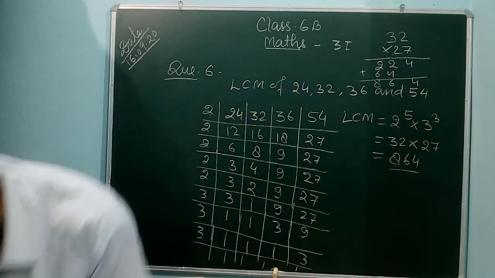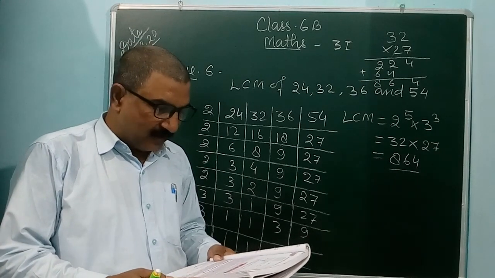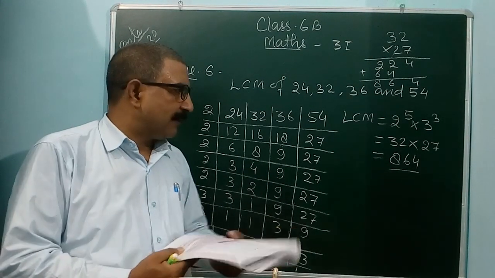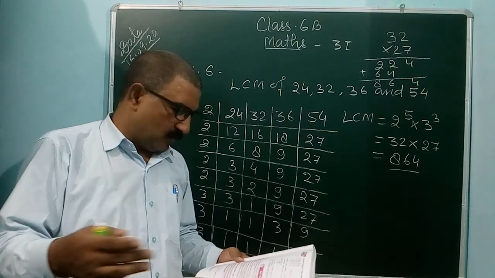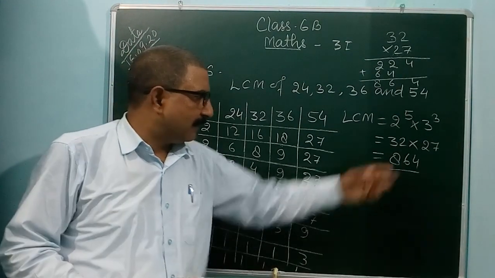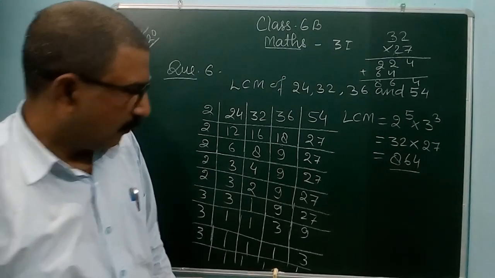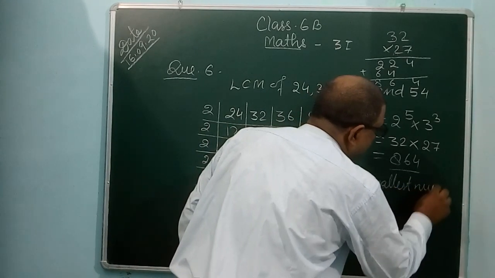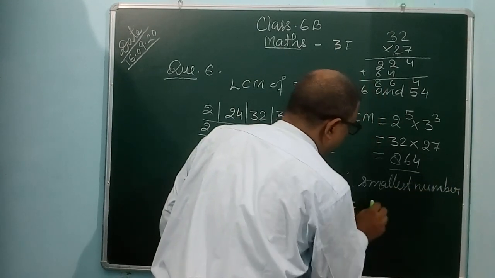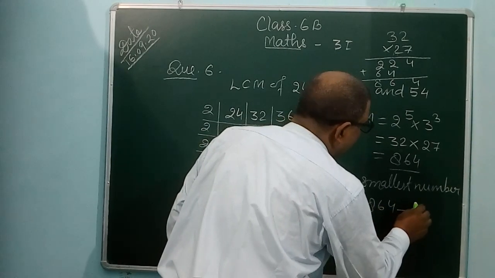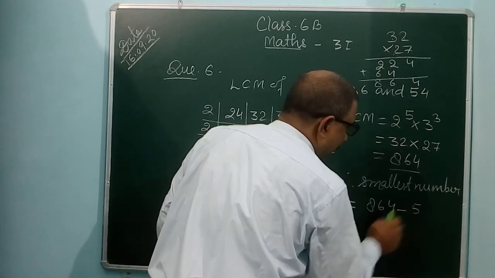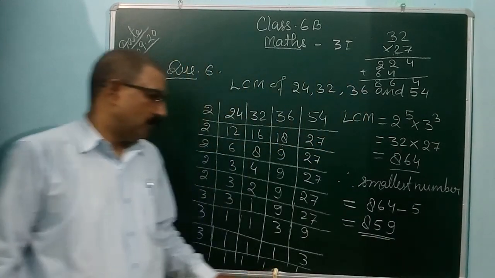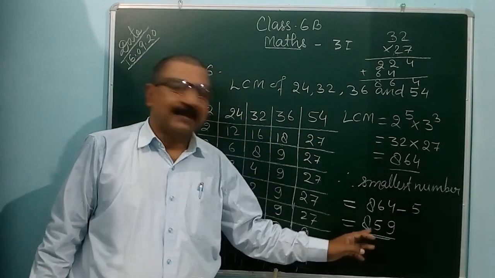But in the question it is given: find the smallest number which when increased by 5 is divisible. So you subtract 5 from that LCM, 864. The smallest number is equal to 864 minus 5, which is 859. So the smallest number will be 859.